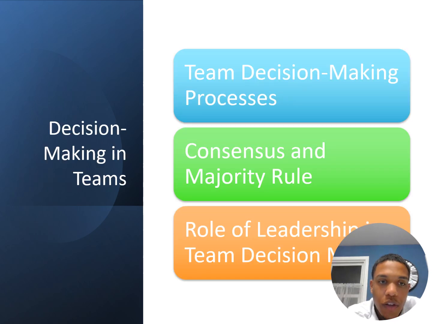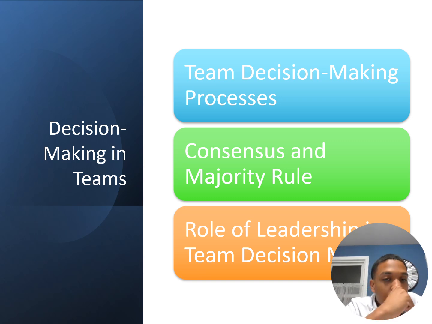So moving on to decision making in teams, right? Teams often use consensus or majority rule to make decisions. Consensus involves all team members agreeing on a decision, while majority rule involves a vote where the majority wins, right?